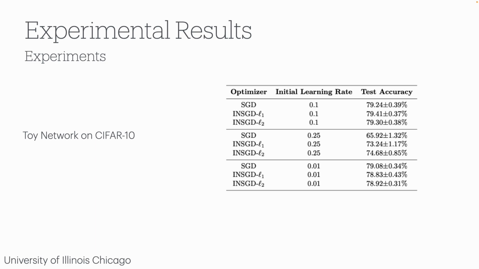So we decided to use a toy network. But it is obvious that INSGD can still outperform SGD in image classification tasks, specifically on CIFAR 10. Here you can see we trained the toy network with different initial learning rates, and in each INSGD performs better.